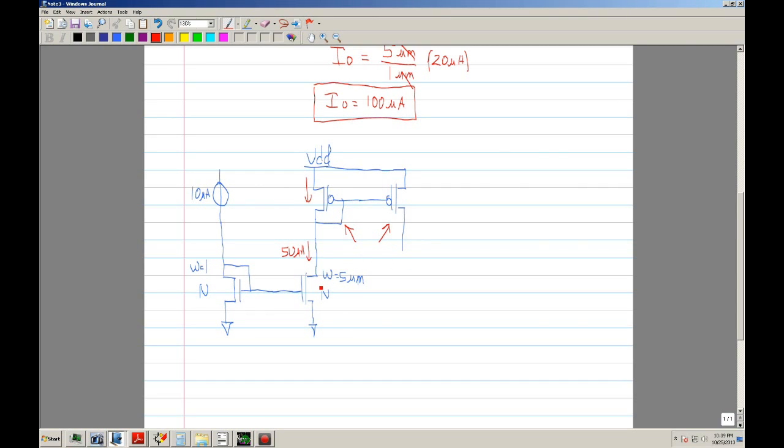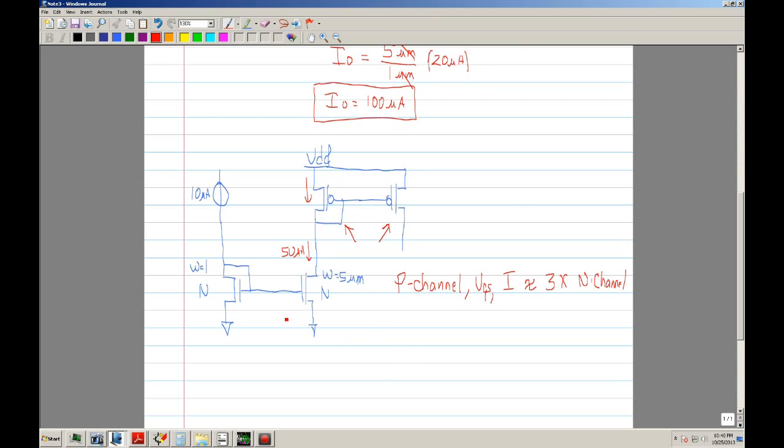Now, one thing that's important to know, that the P channels, if you keep the same VGS, the same current, they're going to be approximately 3 times bigger than the N channel. And you might ask, well, why?